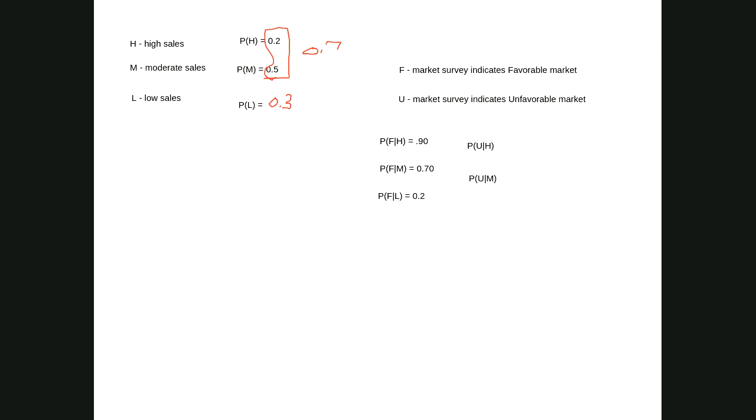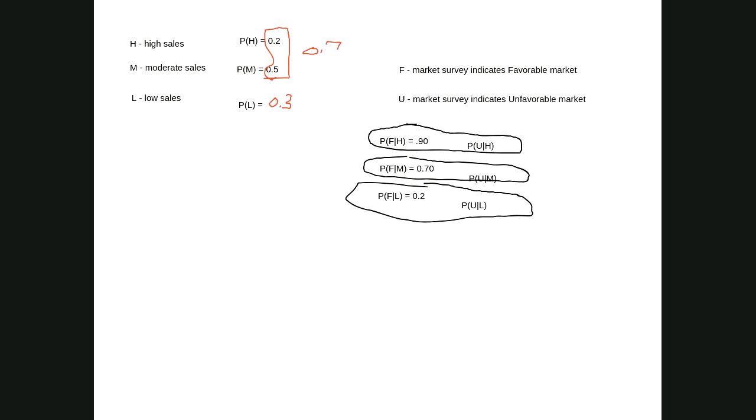These two are the complements of one another, these two are the complements of one another, and these two are the complements of one another. All right, and so now we're ready to build our decision tree given this information.